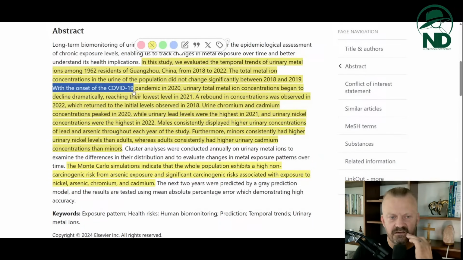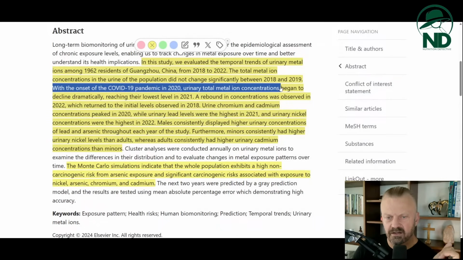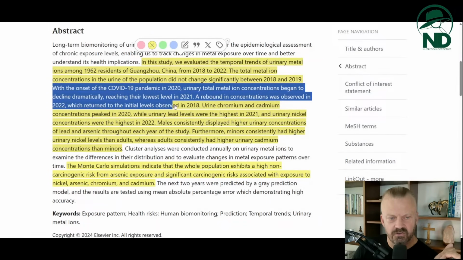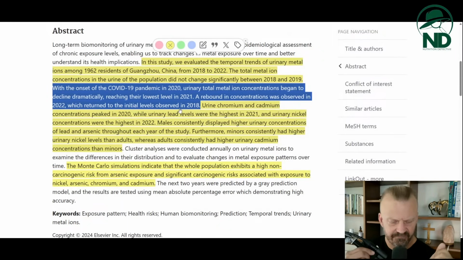With the onset of the COOF pandemic in 2020, urinary total metal ion concentrations began to decline dramatically, reaching their lowest level in 2021. A rebound in concentrations was observed in 2022, which returned to the initial levels observed in 2018. Now, isn't that interesting?